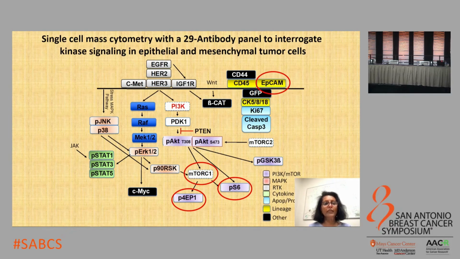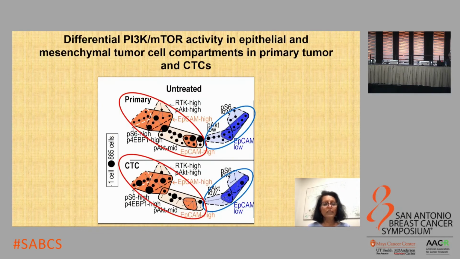So we applied mass cytometry using a 29 antibody panel, which allowed us to interrogate the lineage of the tumor cells by looking for EpCAM expression, and we also looked at mTOR activity using the expression of phospho-S6 and phospho-4E-BP1. So basically, here are the results. This is single-cell proteomics of cells derived from the primary tumor and the CTCs.